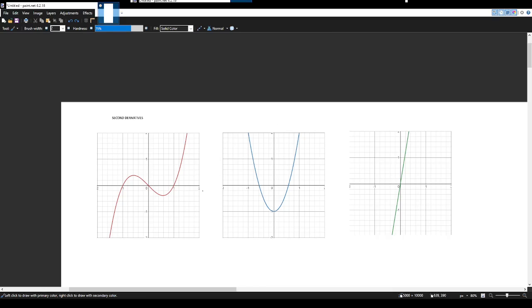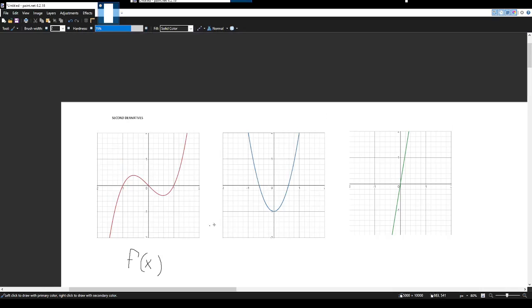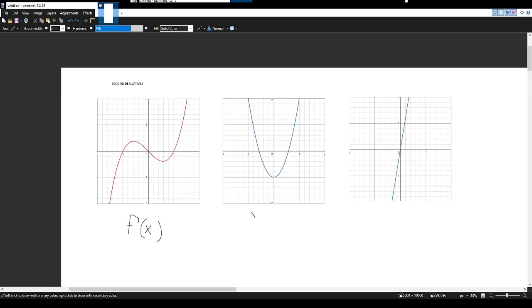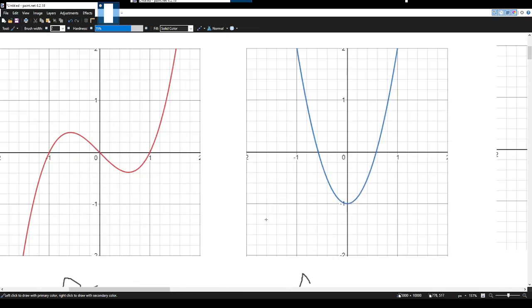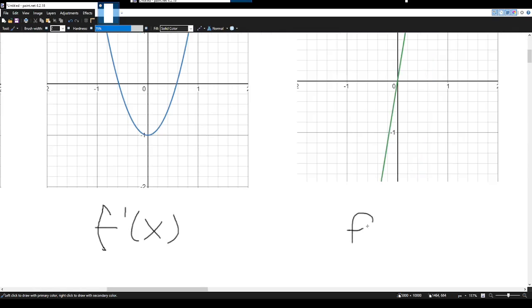So we have three functions here. We're going to call this red one f of x, and it turns out that the blue one is the derivative of the red one, and the green one is the derivative of the blue one. So this is basically f prime of x, and then this is f double prime of x.